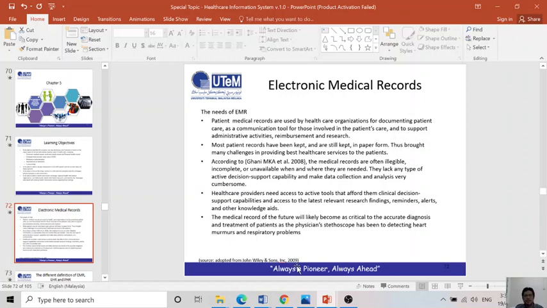Yeah, and it can be used for reminders and early warning systems, such as COVID-19 early warning, dengue, epidemic cases.